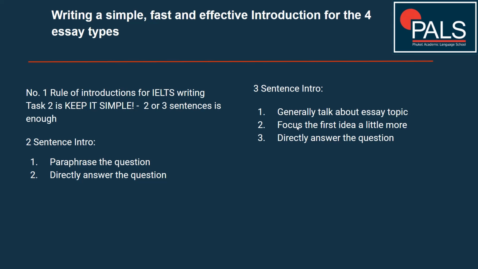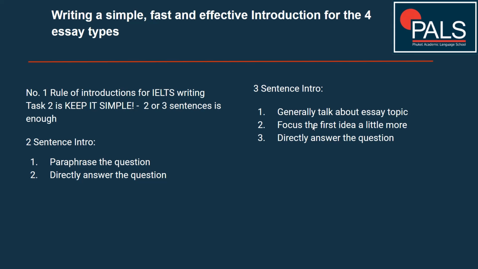Sentence 2, you'll focus the first idea a little more. So you'll give a little bit more detail on your first sentence, a little bit more specific. Okay, so if you imagine this paragraph being like looking through a camera when you're taking a photograph, sentence 1 will be zoomed out as far as you can zoom out. Okay, it's very general.